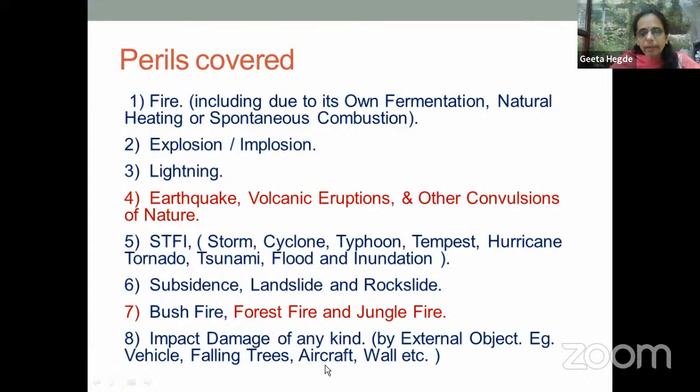No aircraft damage as a separate peril. So the exclusions related to aircraft peril, that is any object falling from the aircraft, parts falling, or due to the supersonic speed or pressure waves, that exclusion will also fall under the impact damage exclusion cover of the new policy.